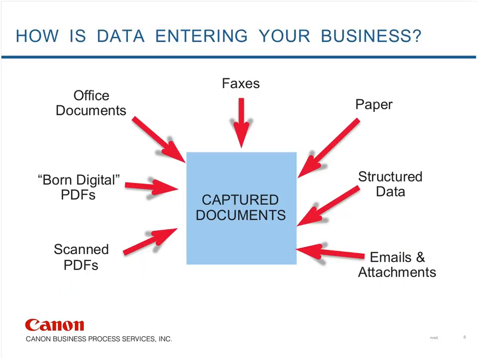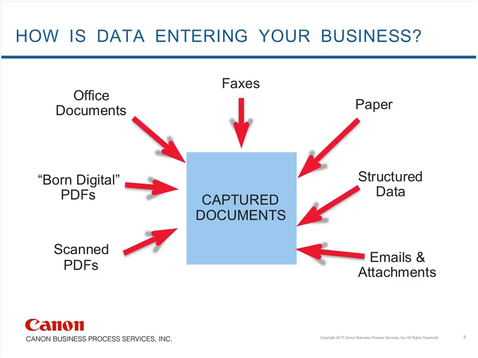So how is data actually coming into your business? Information enters your business in multiple formats. Technology has actually increased the number of formats, not simplified them, as was thought a decade ago.